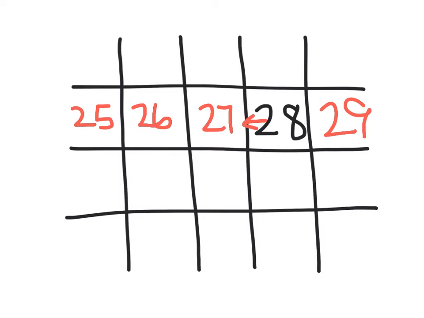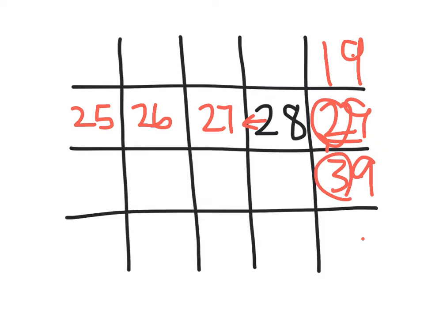Okay. Now I'll go back to the 29 and I'm going to finish this one, and this one. I'm going to do the tens. So 29, 10 less is 19. 10 more is 39. 10 more is 49. Okay?